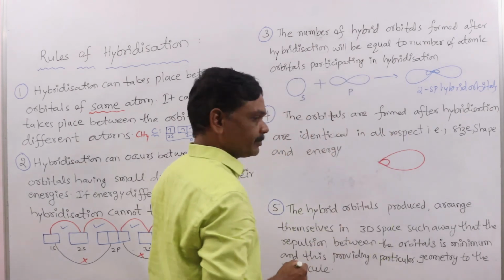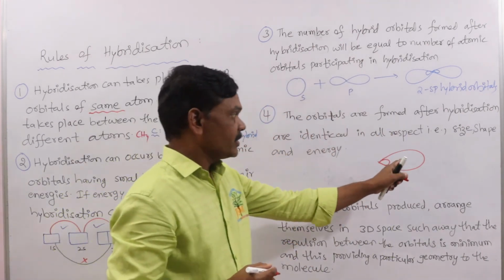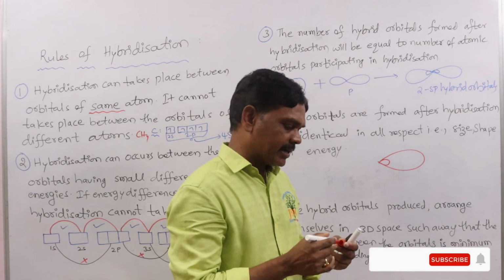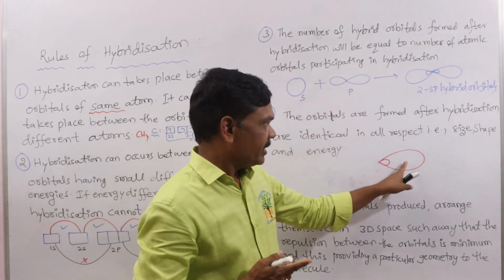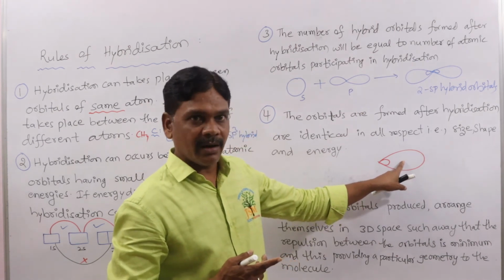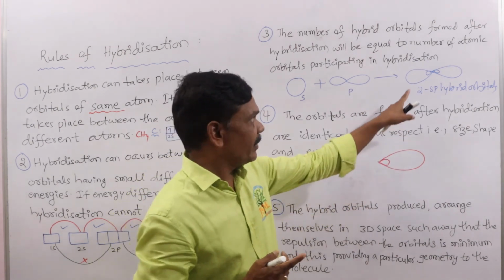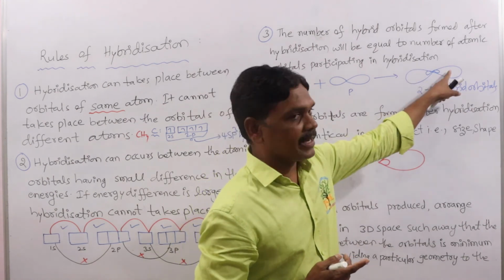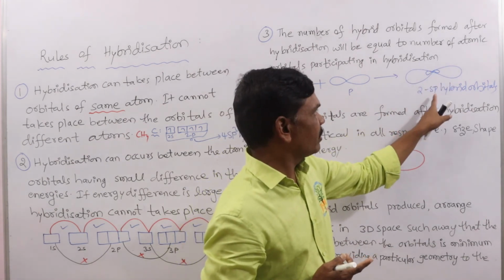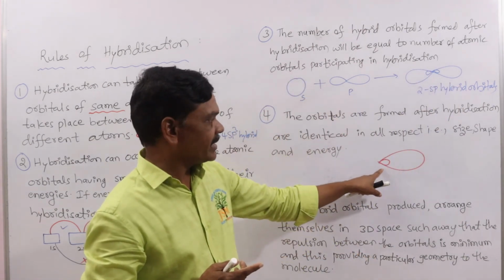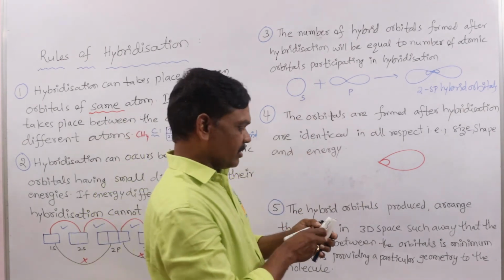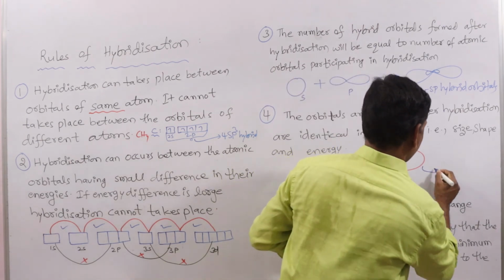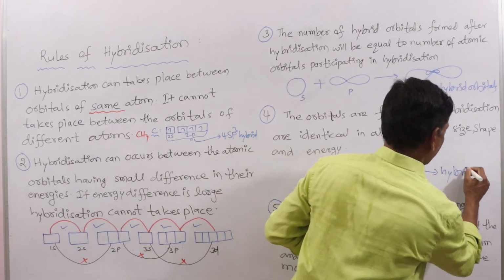In this hybrid orbital, the electron cloud density is concentrated in a single direction. Remember, this shows the hybrid orbital. Like this, how many orbitals are there? 2. That's why we say 2 sp hybrid orbitals. This is the designation or notation of the hybrid orbital.